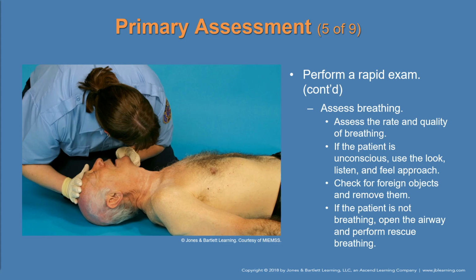And then what is the quality of the patient's breathing? So they may be breathing fast, but is it fast and deep or is it fast and shallow? Both of those represent problems, but they're different problems. So we want to know, is their breathing deep or shallow? Is the breathing fast or slow? That's what we refer to when we assess rate and quality.